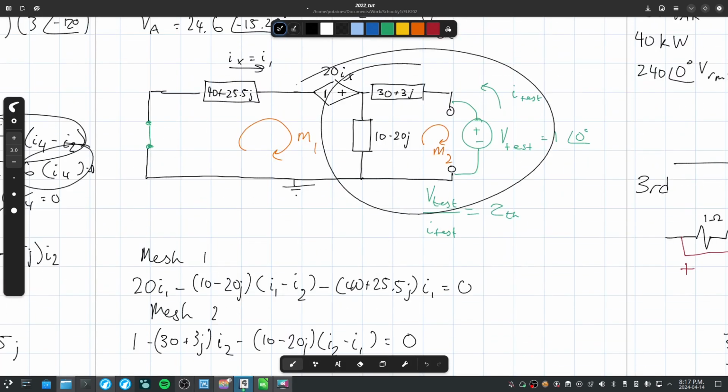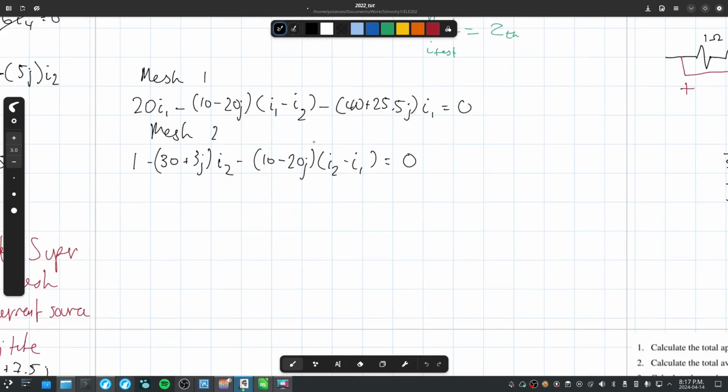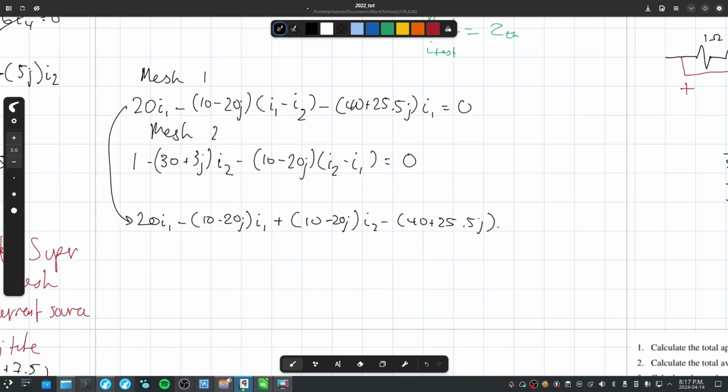We only care about I2 actually. So let's just do our standard simplification. 20 I1 minus 10 minus 20j I1 minus, or this is actually plus 10 minus 20j I2 minus 40 plus 25.5j I1 is equal to 0.